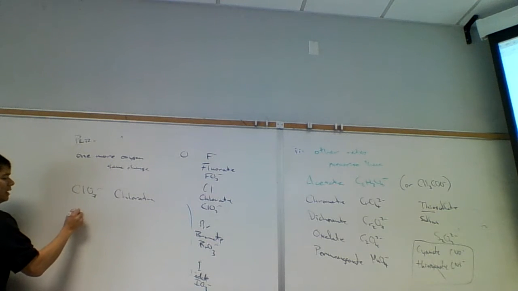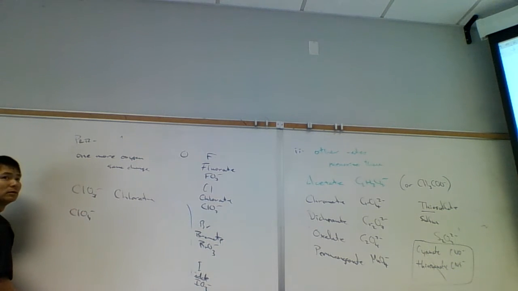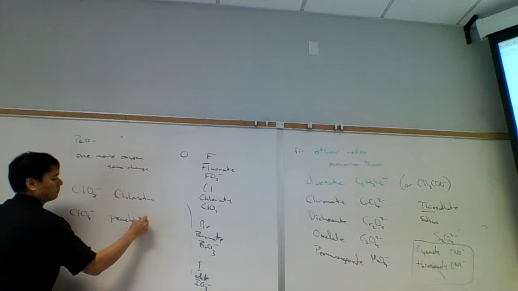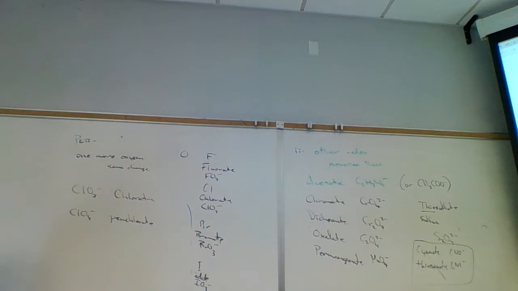Therefore, ClO4 minus is called perchlorate. We wouldn't call it perchlorite because perchlorite would be the same thing as chlorate, right? Because chlorite is one less than chlorate, and so one more than chlorite would be chlorate. Does that make sense?